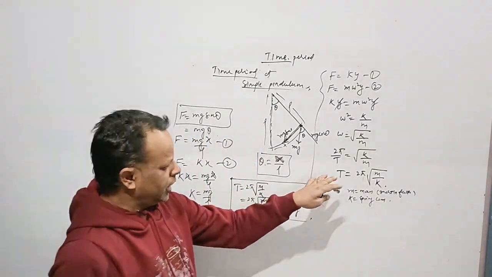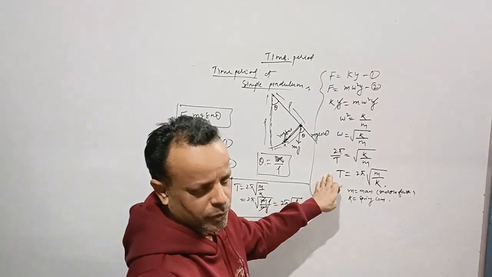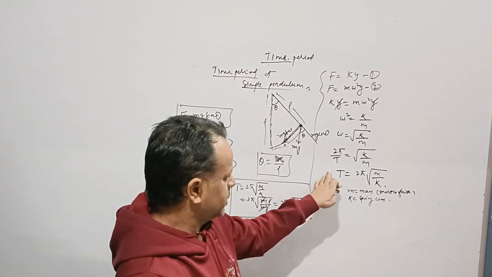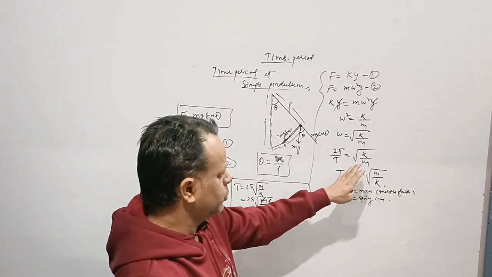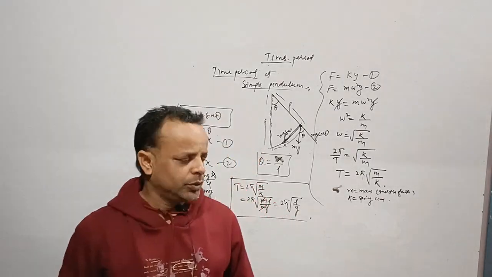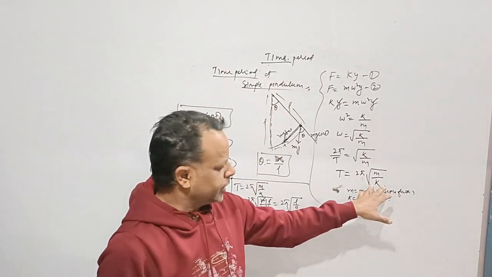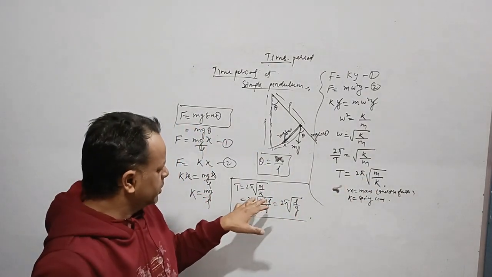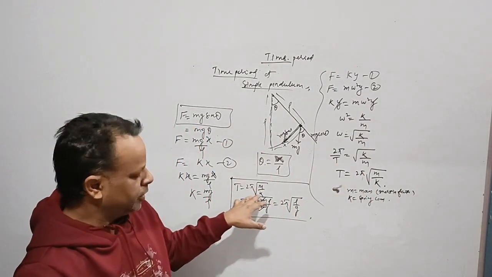In any equation of SHM, this is the important thing, common to every SHM: time period is 2 pi root over m by k. In every case, we have to find the spring constant k, and the rest we just place in place of k.